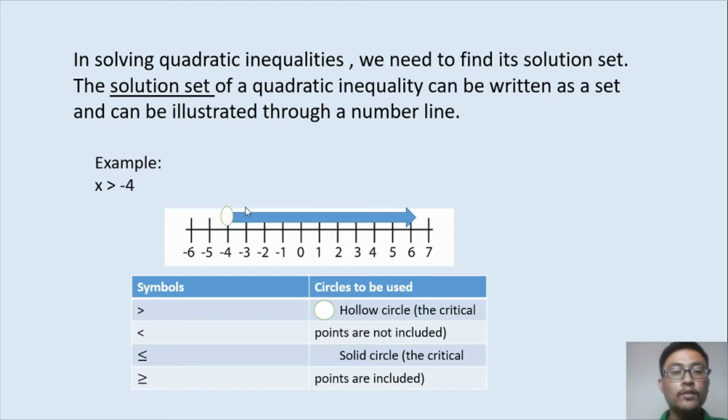So, lumalabas yung negative 4 ay hindi kasali. Okay? And then, ang symbols nun is for greater than and less than. Kapag naman solid circle, o yung nakaitim, the critical points are included. Kapag ang ginamit ng symbol is less than or equal to, or greater than or equal to.